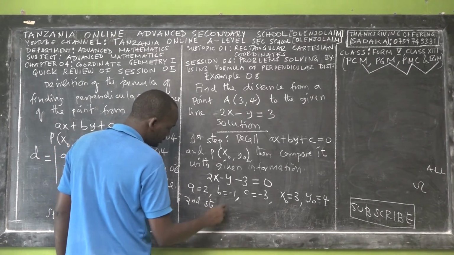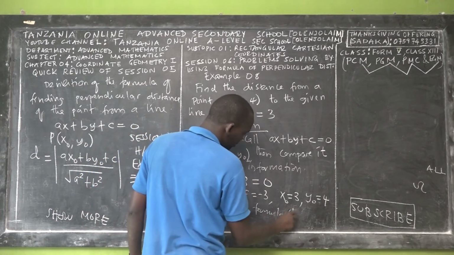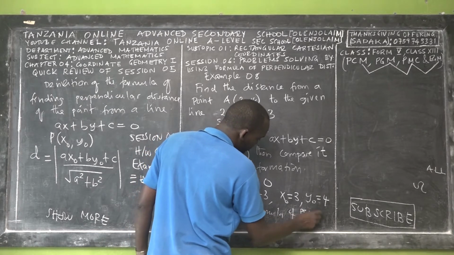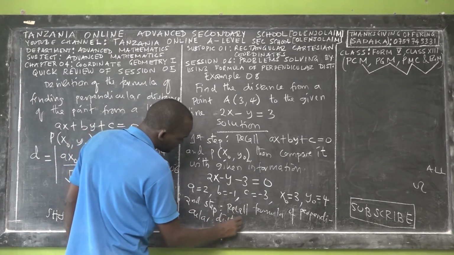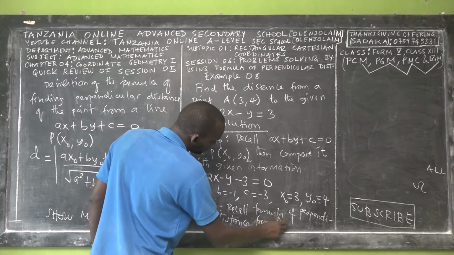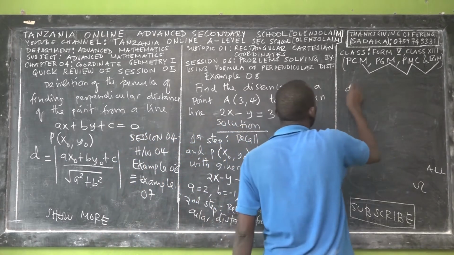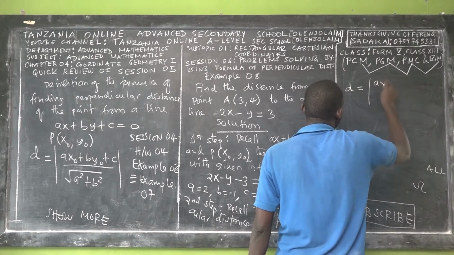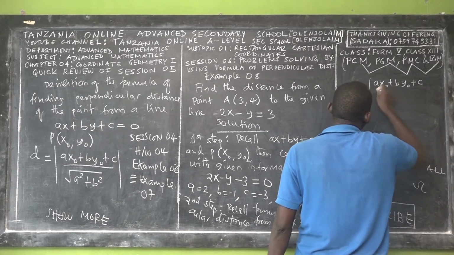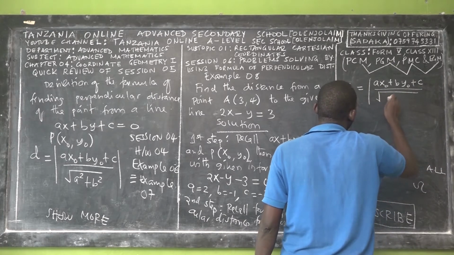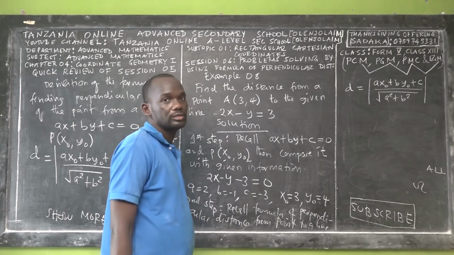In the second step, we call the formula of perpendicular distance from a point to a line: the absolute value of a x naught plus b y naught plus c, over the square root of a squared plus b squared.